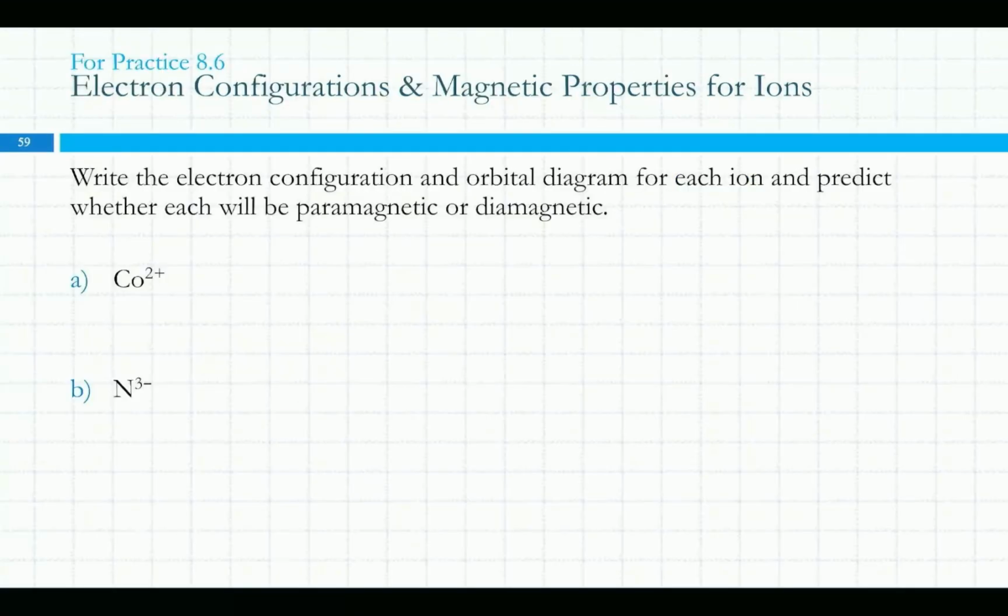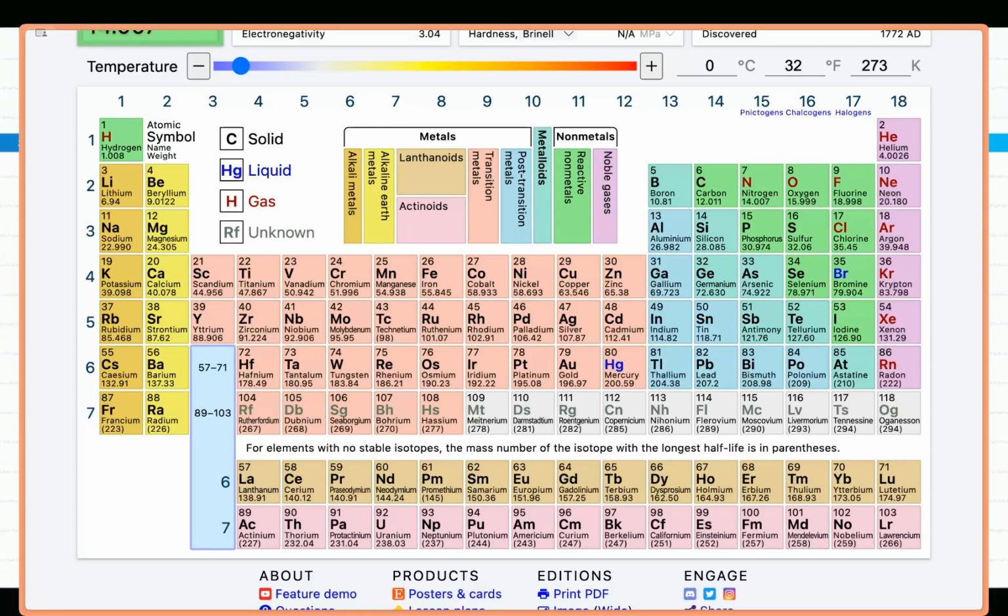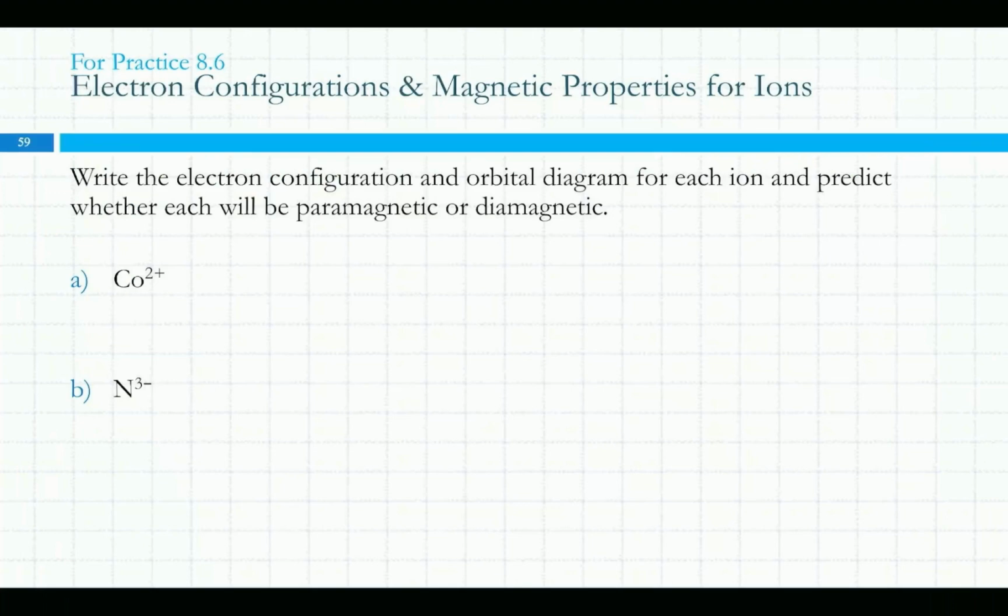All right, so electron configuration and orbital diagram for each ion, and predict whether each will be paramagnetic or diamagnetic. Let's see. So we're going to do cobalt. So cobalt's here. The easiest way to do this is do cobalt first and then subtract. If I want to do cobalt 2+, what does that 2+ mean in terms of my number of electrons? 2 fewer electrons.